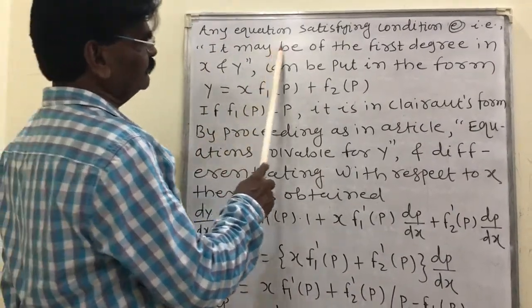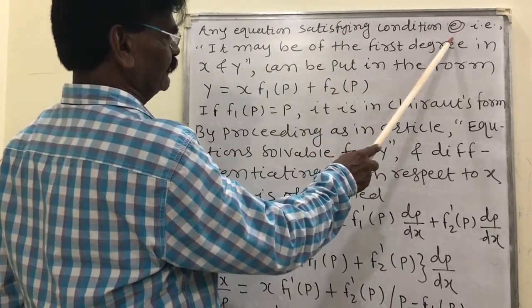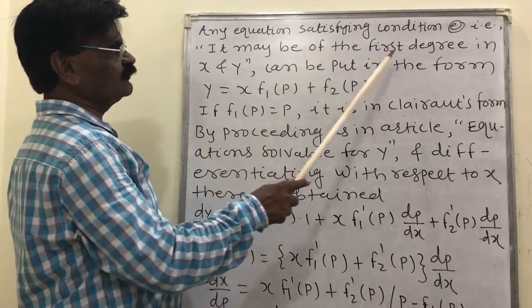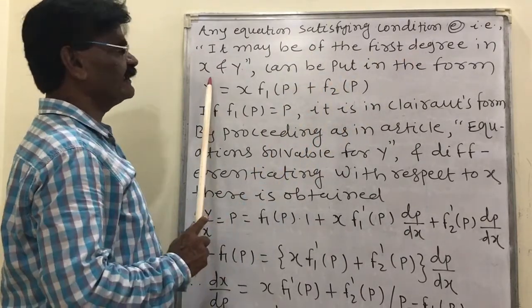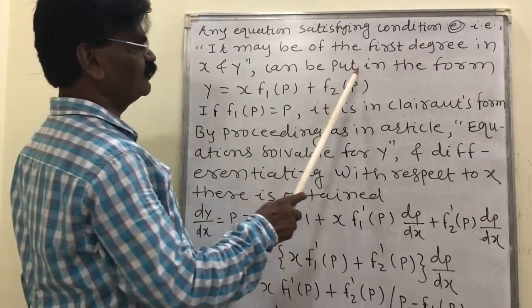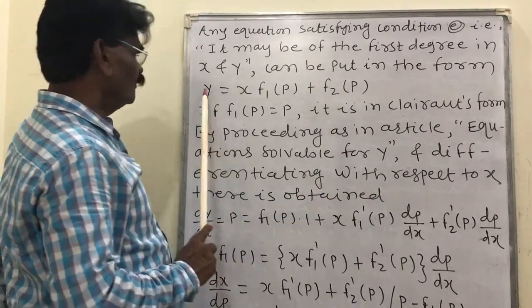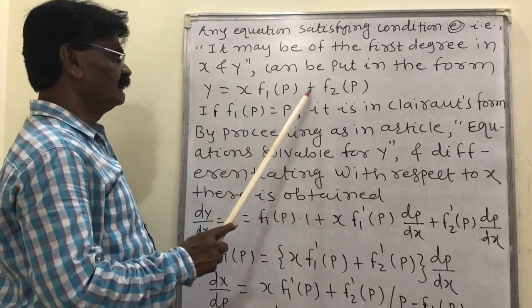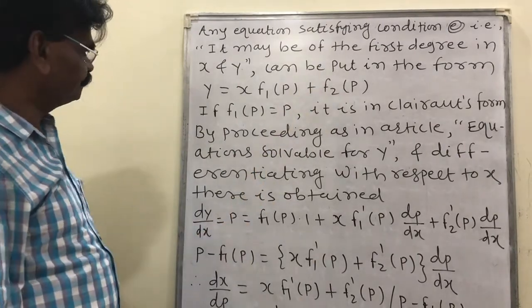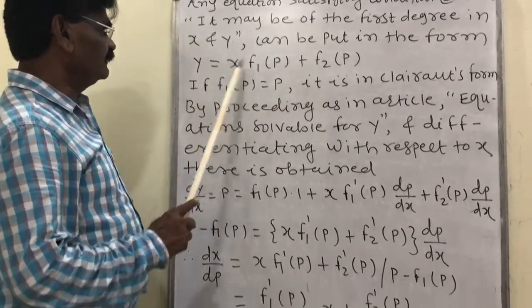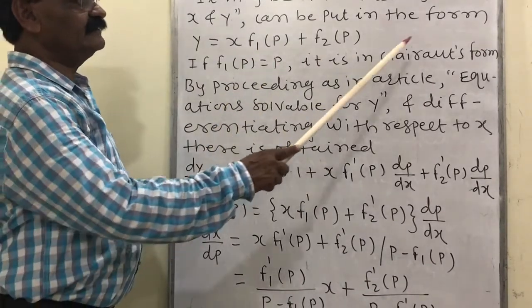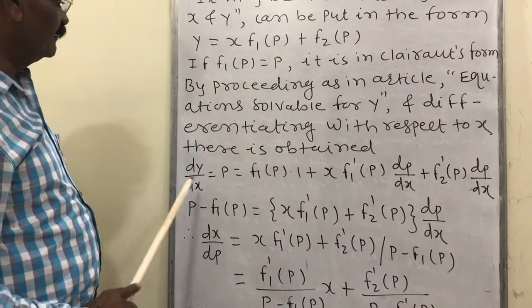Any equation satisfying condition E, that is, it may be of the first degree in x and y, can be put in the form y is equal to x f1 of p plus f2 of p. If f1 of p is equal to p, it is in Clairaut's form.